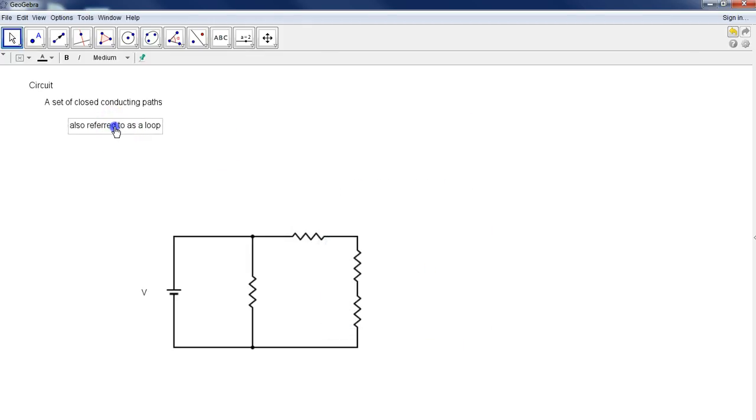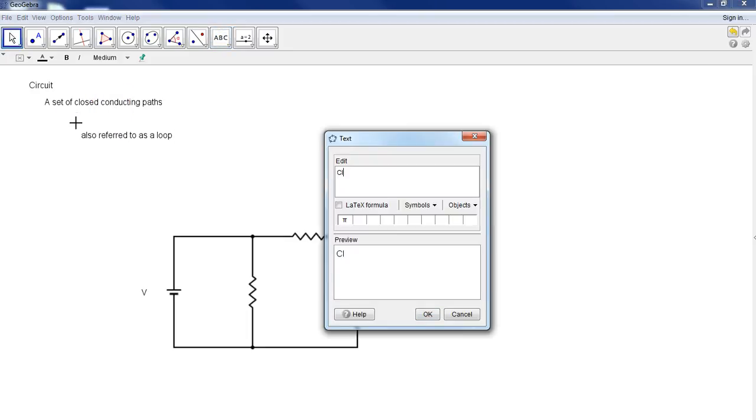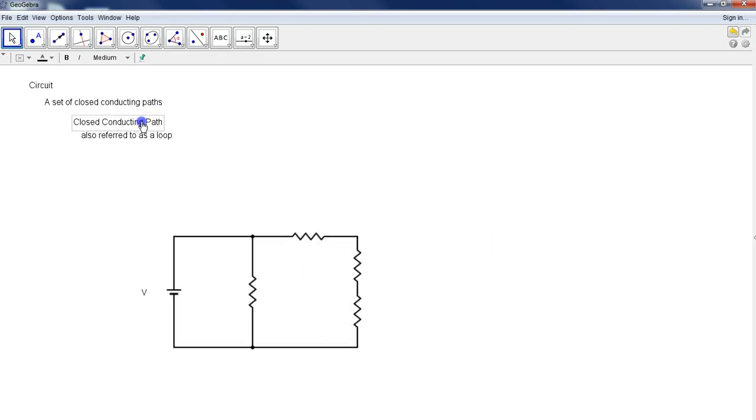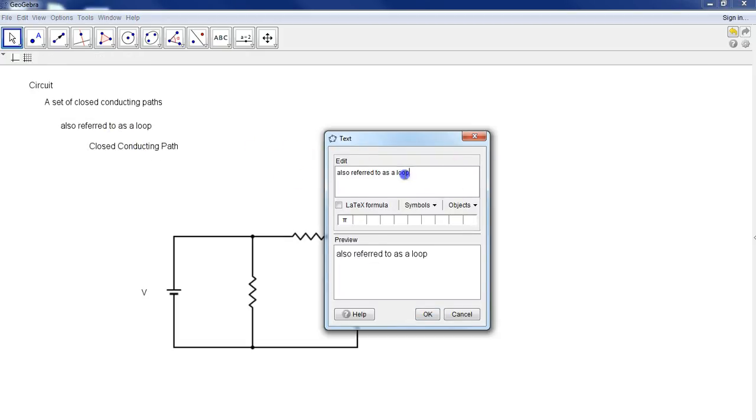And then we'll qualify this definition for a closed conducting path as a loop. Now, let's see, maybe we'll just say closed conducting path. We'll change this to loop.